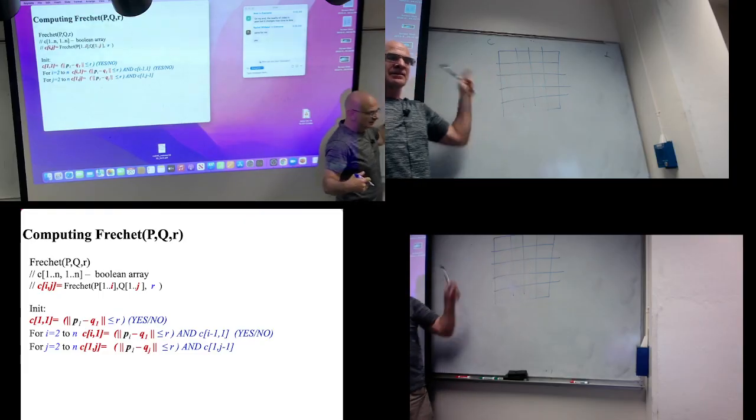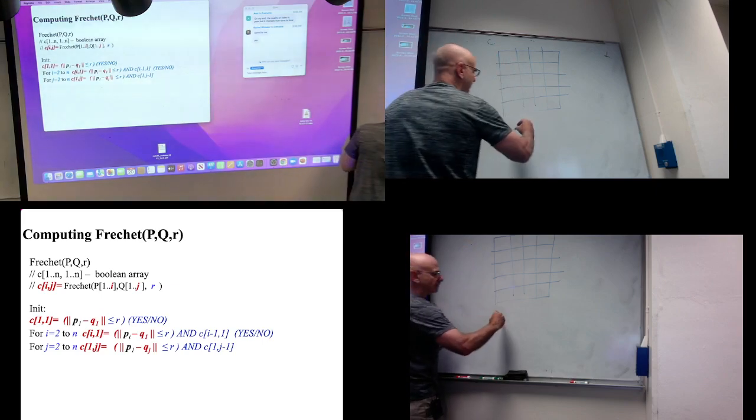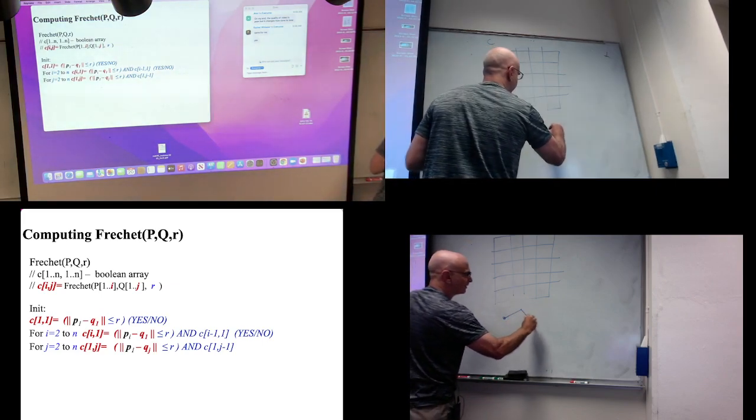In the case of dynamic time warping, we looked at the path.